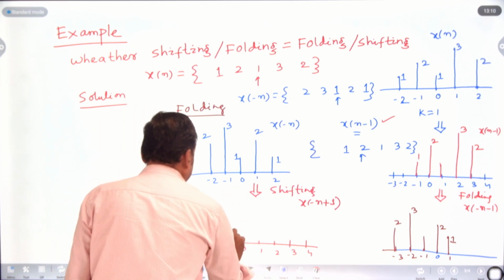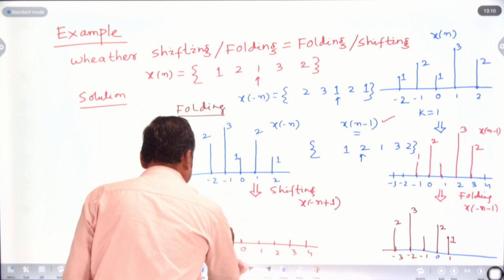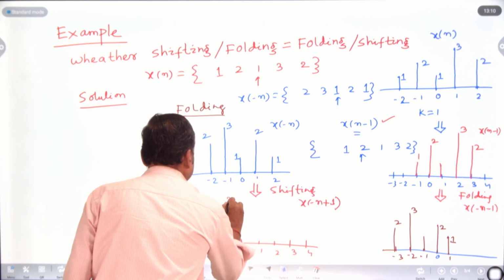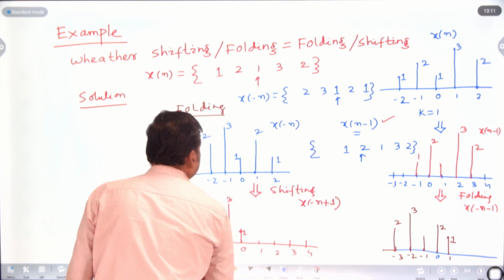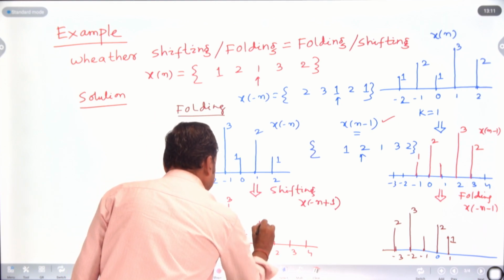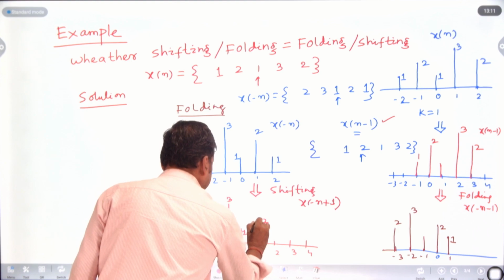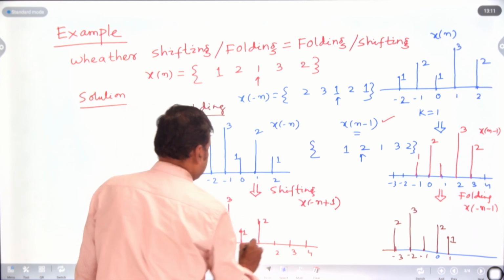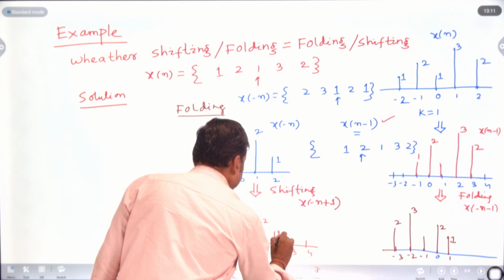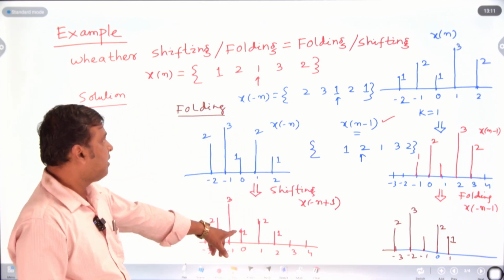So here that is your minus 2, that is your 2. So this is nothing but x of minus n plus 1.